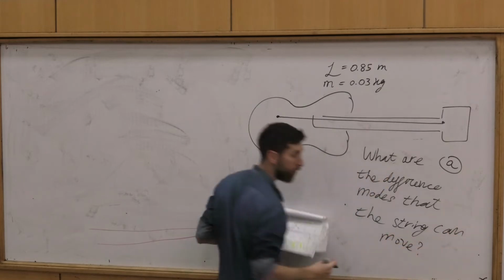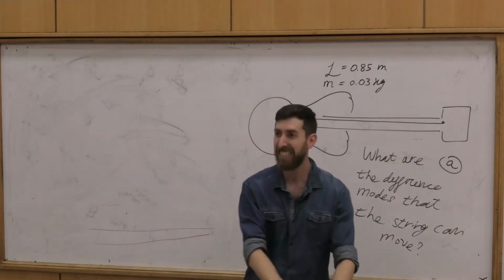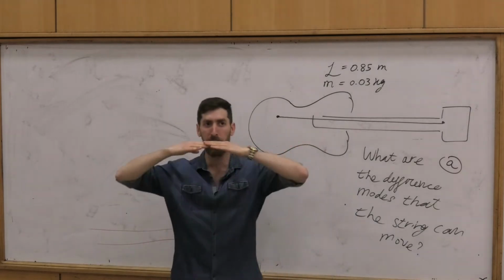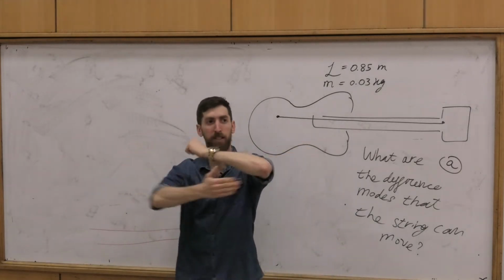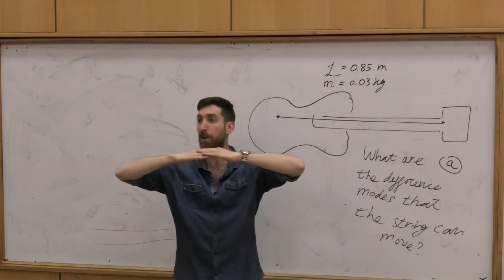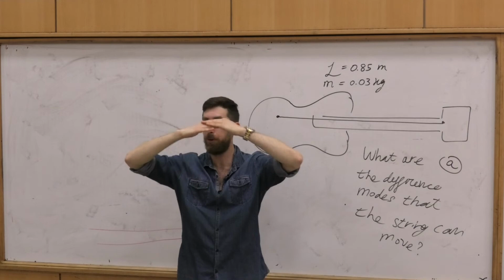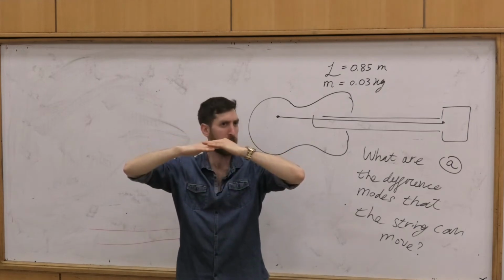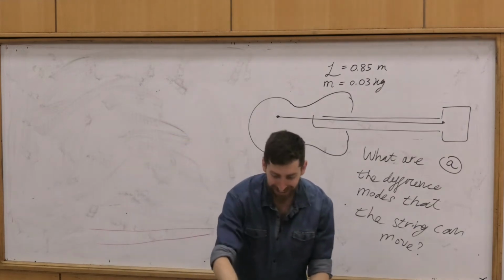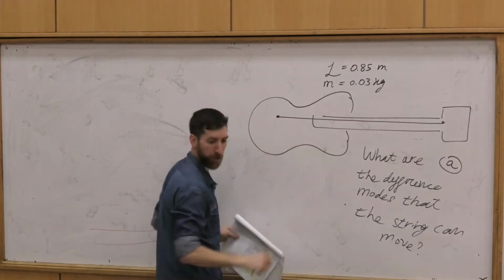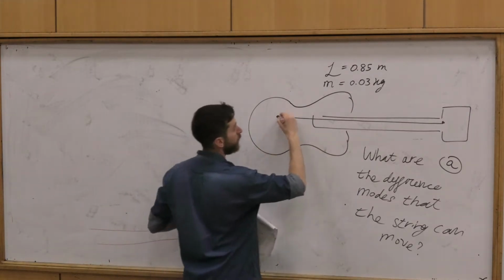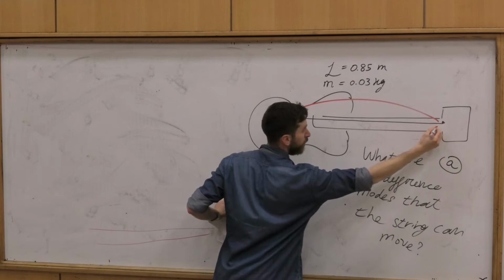How is it going to look like? The easiest thing that I can think of, okay, you said that these are the nodes, they are fixed, so it's going to do this. Makes sense, right? So in this case, the string would do that, it would do that, and then it would do that.